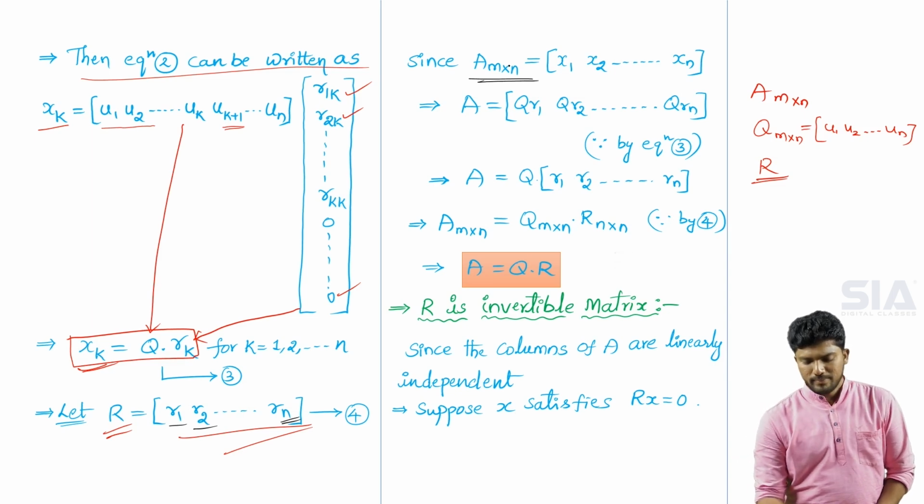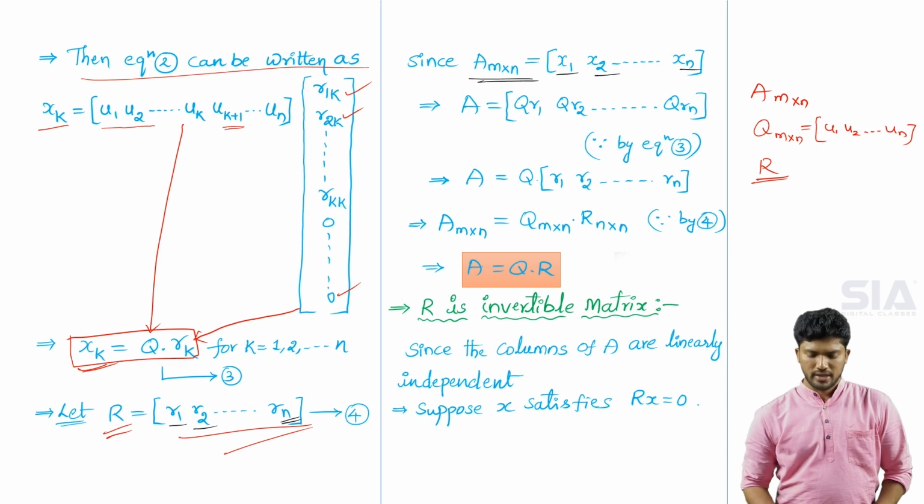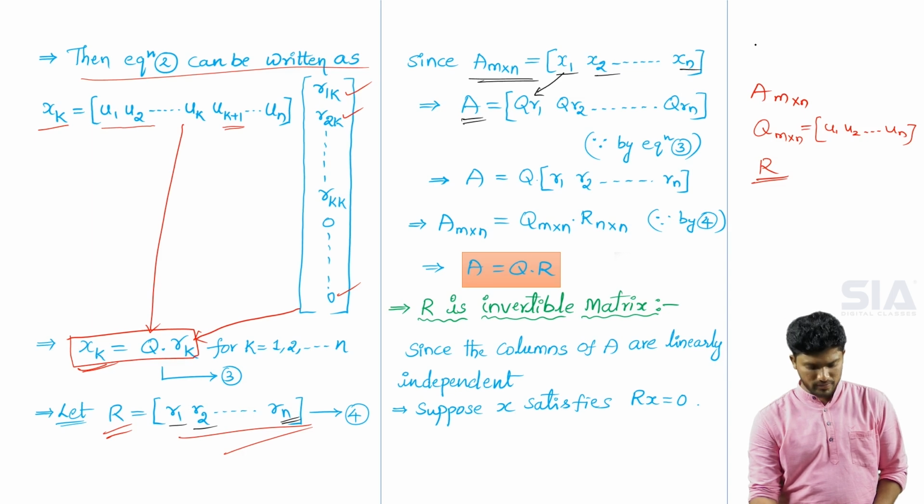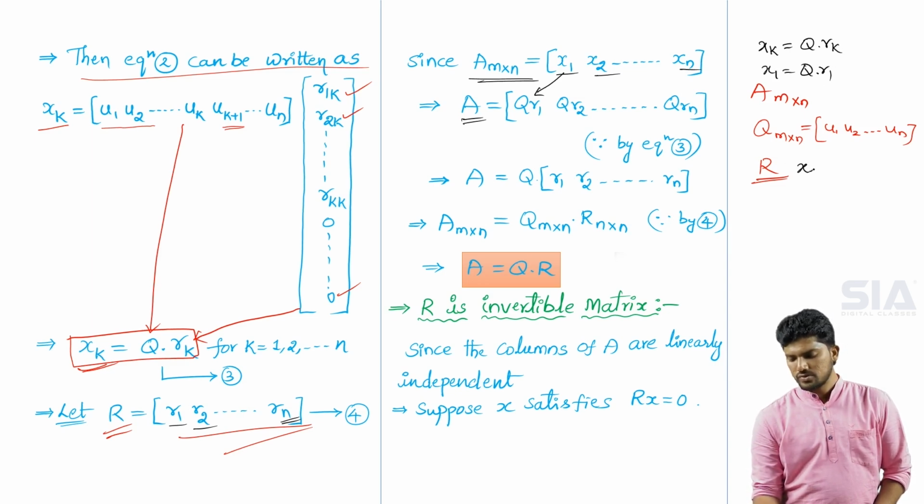Since capital A, m by n, is equal to x1, x2 up to so on x suffix n, then from equation number 3 we can write this value. Since from equation number 3, x suffix k is equal to Q into r suffix k. For k equal to 1, x1 is equal to Q into r suffix 1. For k equal to 2, x suffix 2 is equal to Q into r suffix 2.